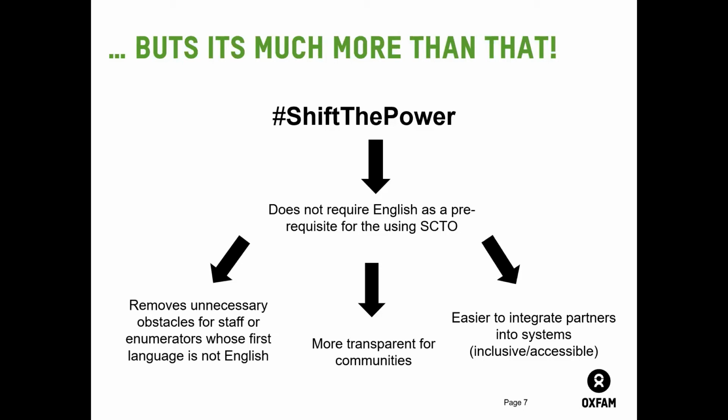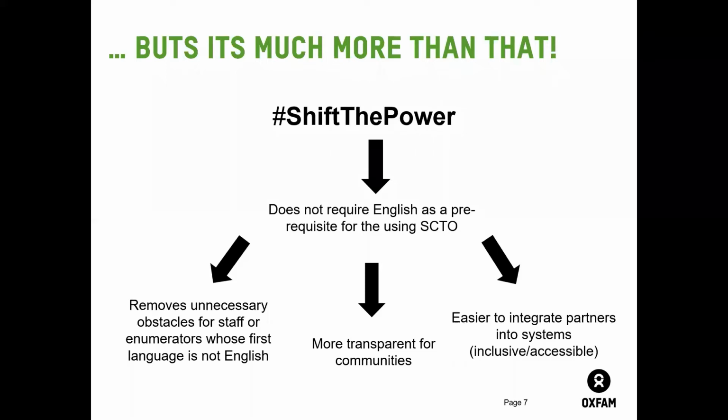And through that, it's very possible that we have overlooked more important skills. As we all know, data collection is a massive skill. You need good knowledge of data collection ethics, interpersonal communication skills, and these are much more important. And it's very possible that we've overlooked those, favouring someone who could speak English instead.